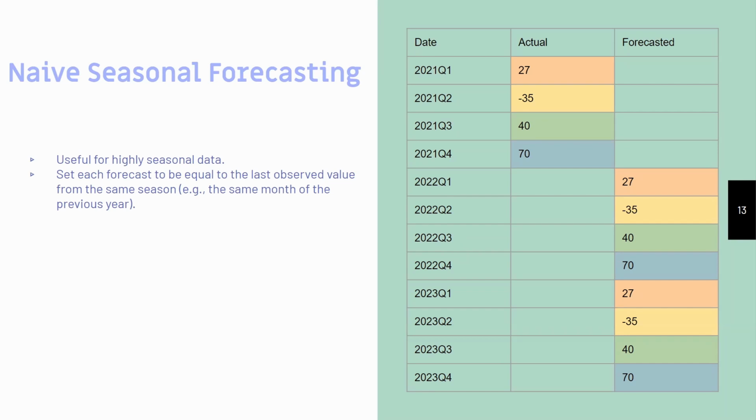I would assume that over the years, people only buy candy canes in December, right? So I think that would be very highly seasonal data, and it doesn't really change from year to year. I would say there's not an upwards trend. It just stays like that for however many years. So that would be a great example of using this.